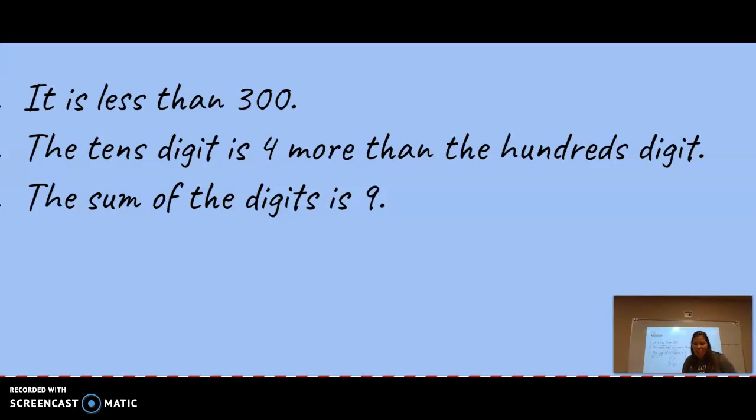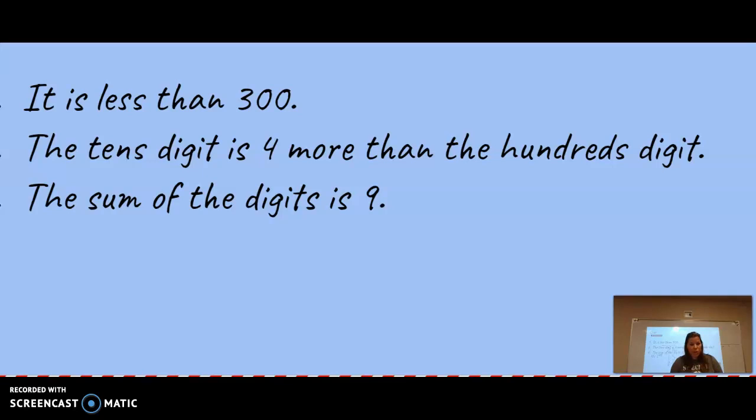Then I'm actually not going to tell you what this number is right here because I want you to figure that out because you are in second grade and I know you know 1 plus 5 plus what equals 9. All right, and then the next one would be 2 plus 6 plus what equals 9.